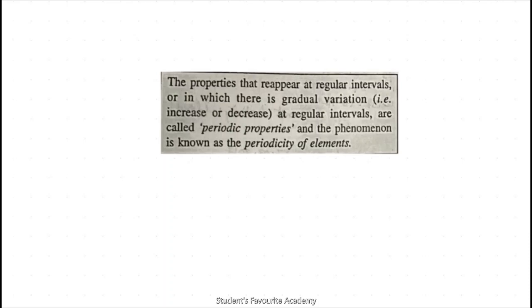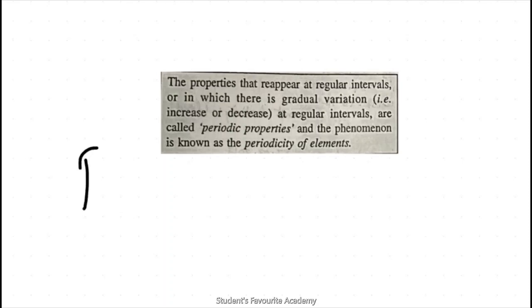Now what happens children, as the words say, whenever a particular property or any particular event is occurring again and again, we generally consider it a periodic event. Now what is a periodic event children? Periodic in the sense that it tends to repeat itself.